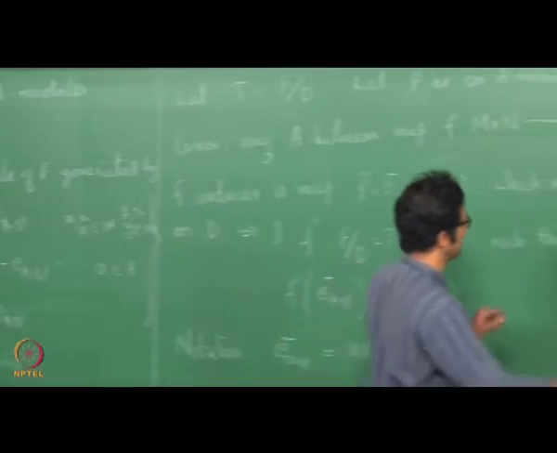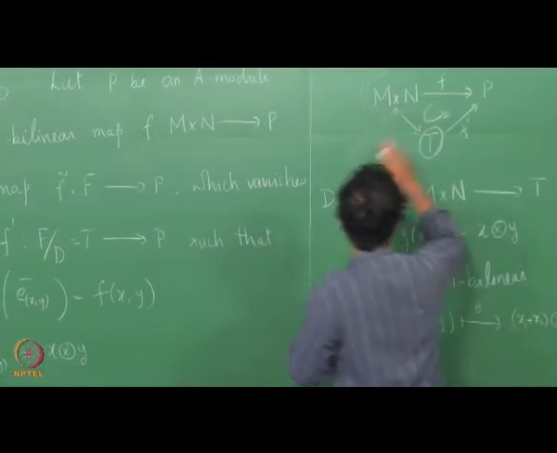So this property is called the universal mapping property.